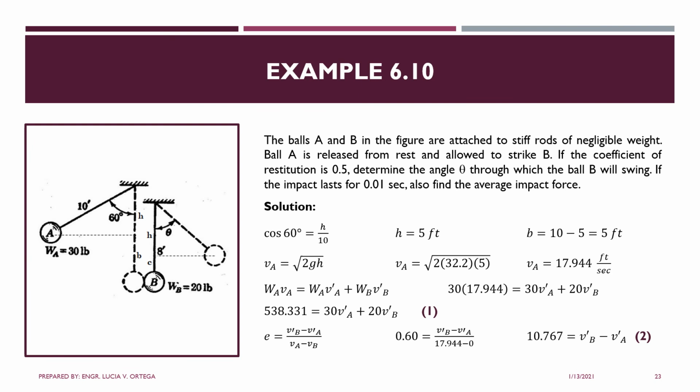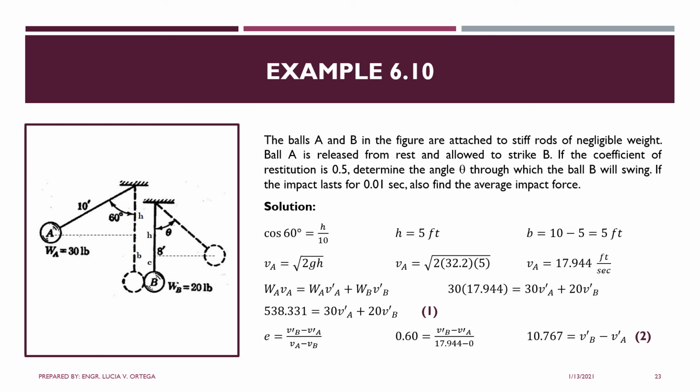From this, we can form a right triangle. With 60 degrees, let's say this distance is h, and this distance up to the center of the ball is b. Also on the right side, we form a right triangle, where this height is h and this distance up to the center of the ball is c.